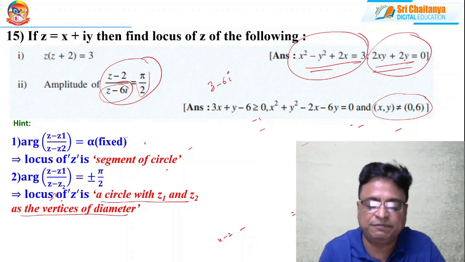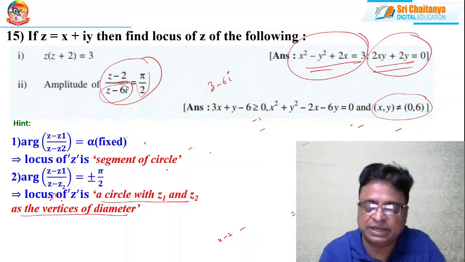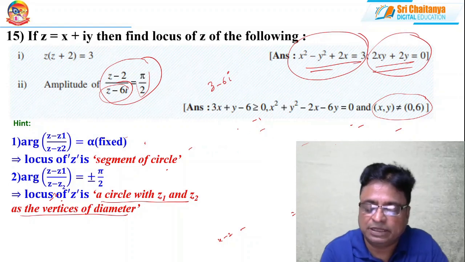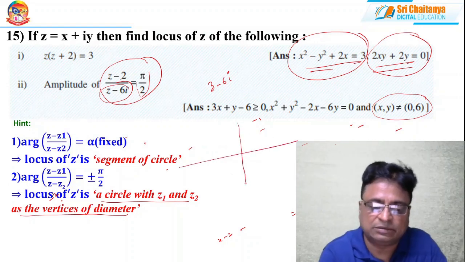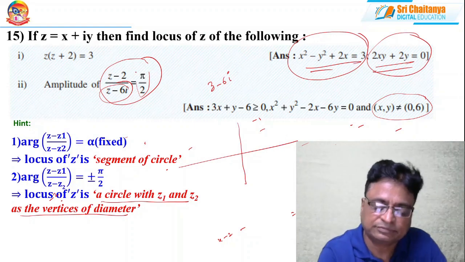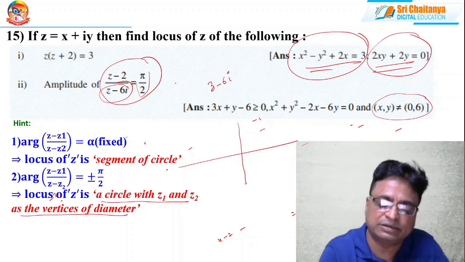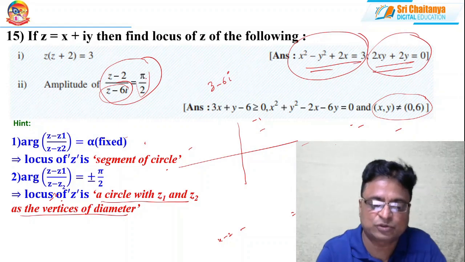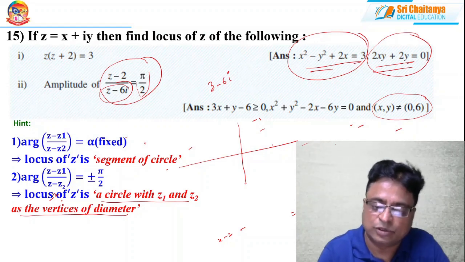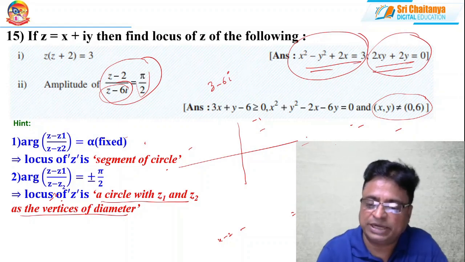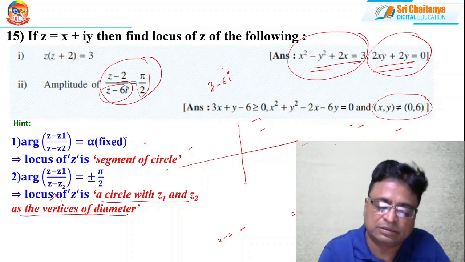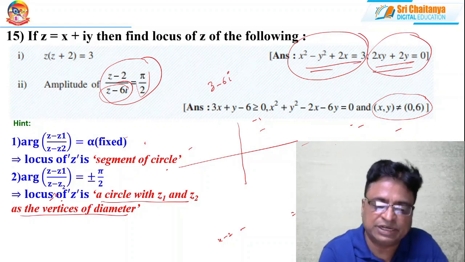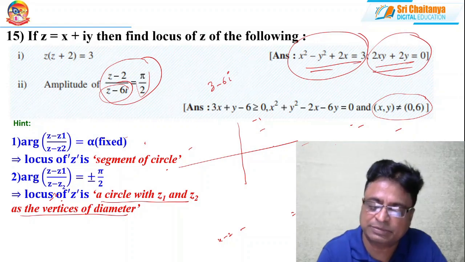You will get this by looking at the information itself. Imagine the complex plane. Here z1 is 2 comma 0, that means here it is 2 comma 0.